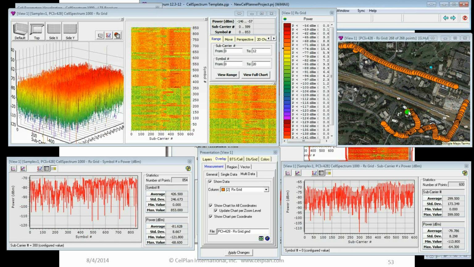And then what we are capturing here, we are capturing also on this bird's view, so we can see where we are.